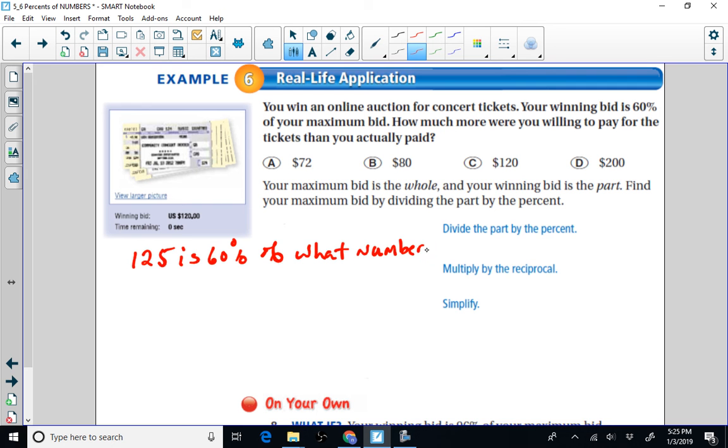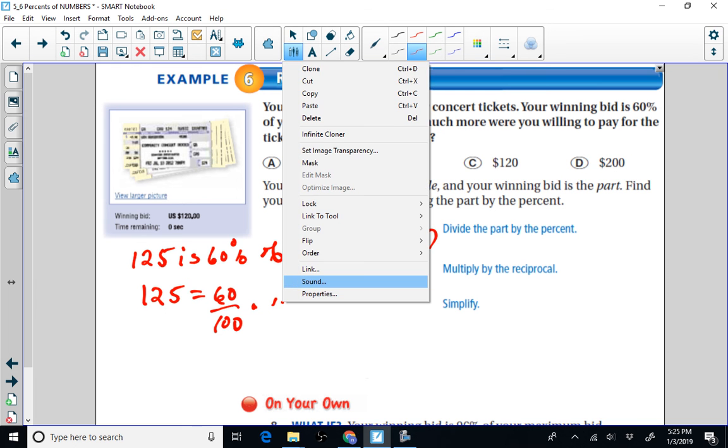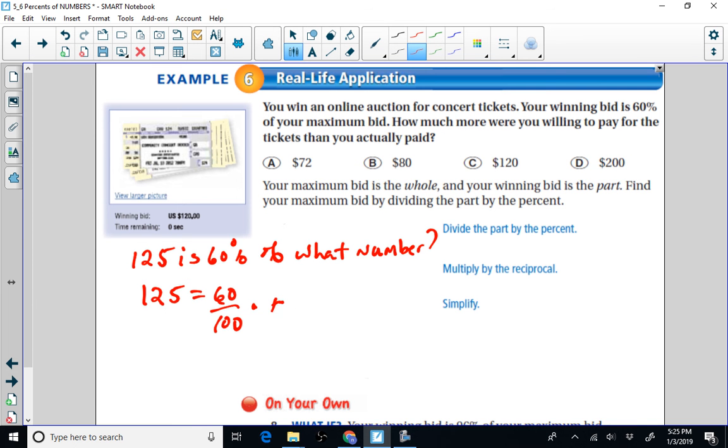That's my percent question. So we write our equation. 125 is equal to 60% is 60 over 100 times n. Right, times n. 60 over 100, I can simplify that. 60% is 3/5.